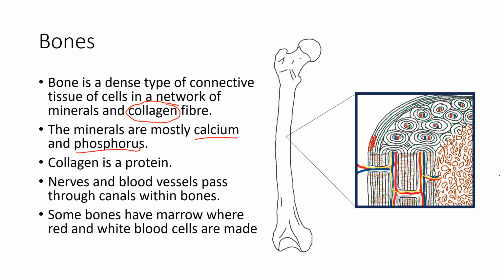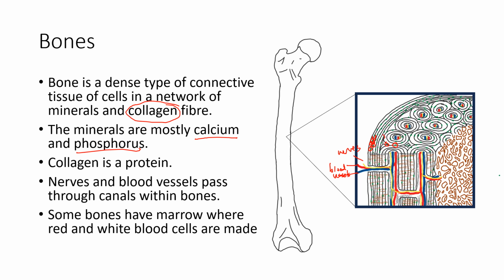The other nourishing components, like the nerves, which would be these yellow guys here, and the blood vessels, which are the red and the blue, the arteries and the veins, they'll travel through little passageways through the bone. There'll be small holes in and out where these can go in and out and provide what's needed to the cells inside.